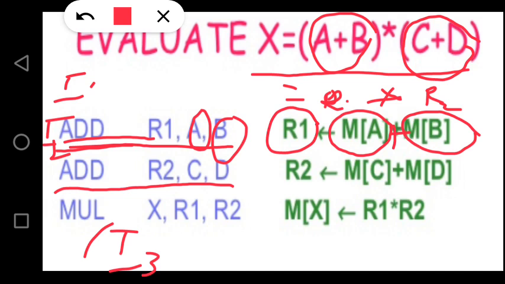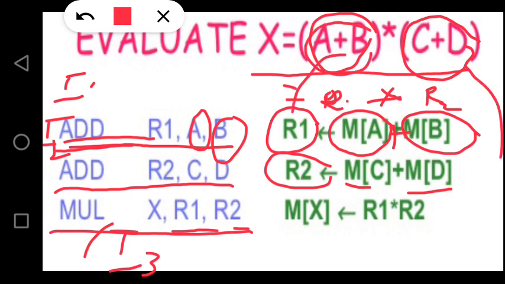Fetch the value at memory location address C and at address D. The ALU performs the addition and stores it in register R2. Now multiply R1, R2. The value a plus b is in R1, and c plus d is in R2. Multiply these two values and store the result in a memory location called X.